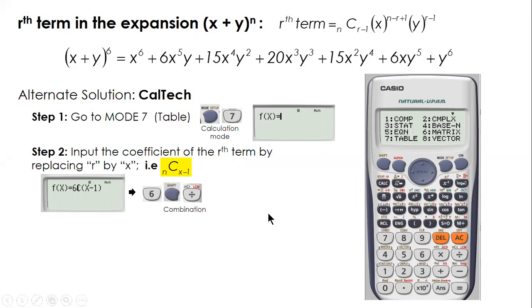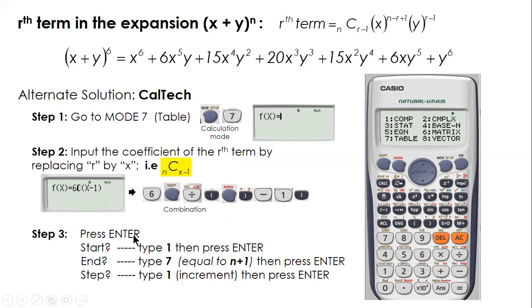That's combination. And then open parenthesis. And then for X, it is red, so you will use alpha. Alpha, close parenthesis. X, and then minus 1. And then close parenthesis. Okay. Press enter.